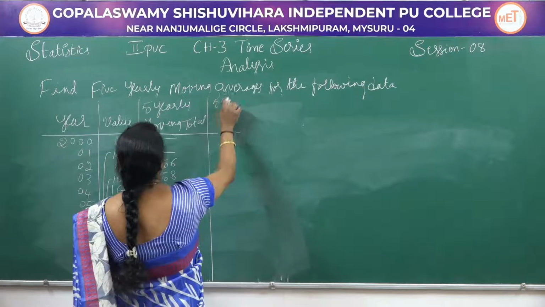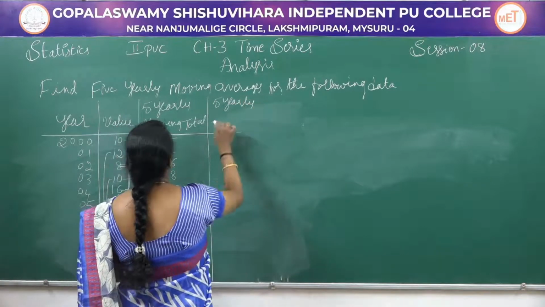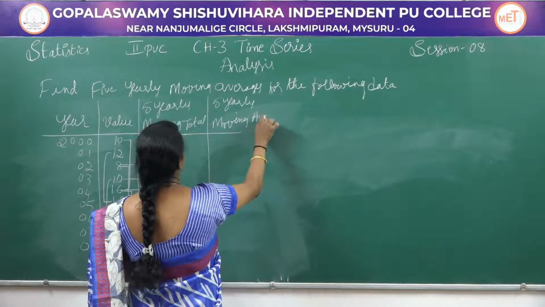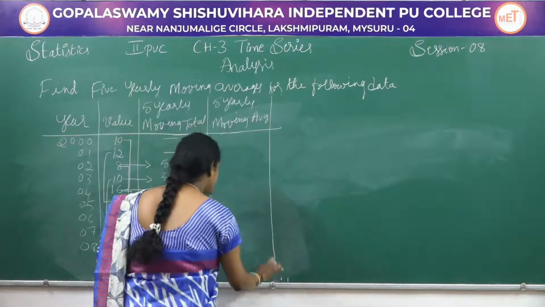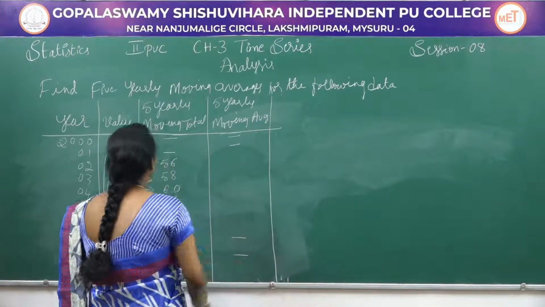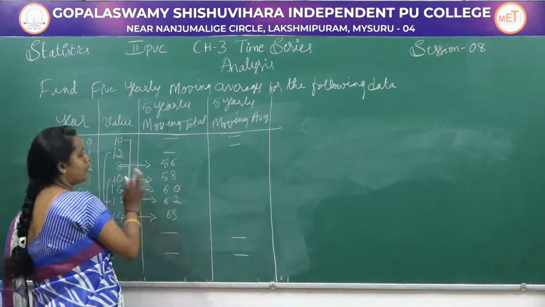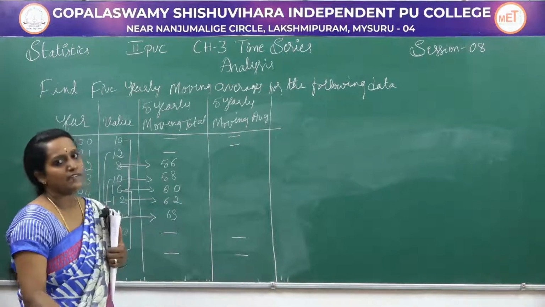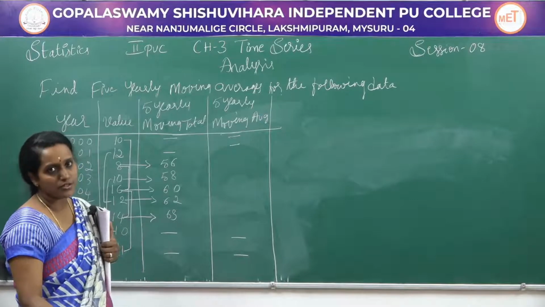Next is 5 yearly moving average. Here the first 2 and last 2 will be blank. I should divide this column by 5. Each and every number should be divided by 5 because we are finding the averages.